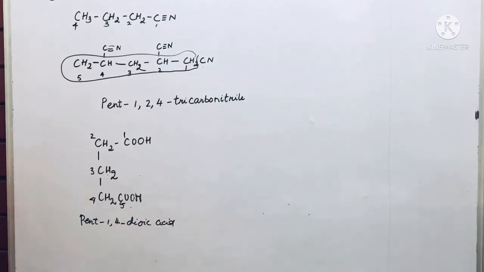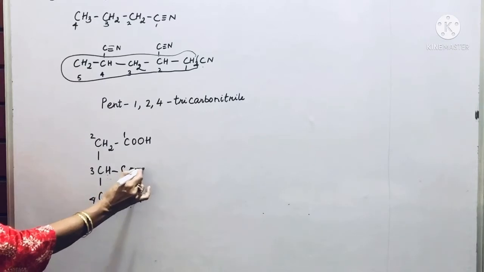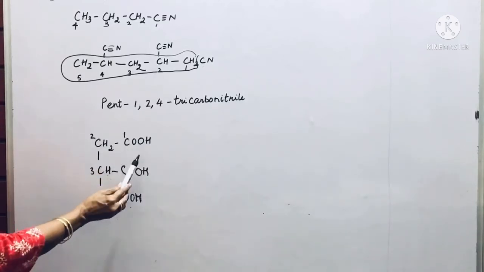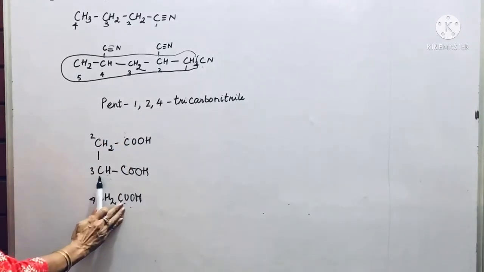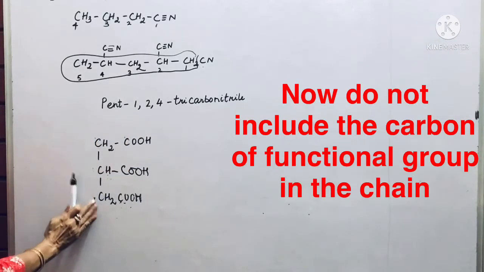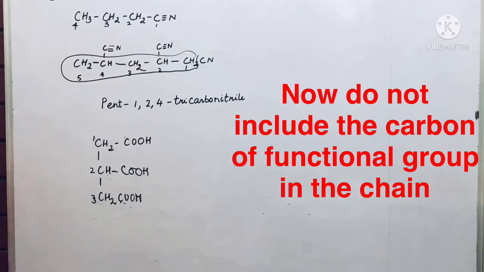But supposing in this case there was one more COOH attached. In that case, I will not count these in it, and it will now become a chain with 3 carbon atoms. 1, 2 and 3. So when the chain is of 3 carbon atoms, we will say at what places COOH is present.